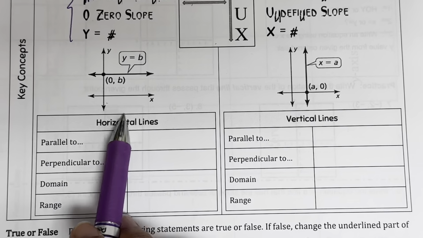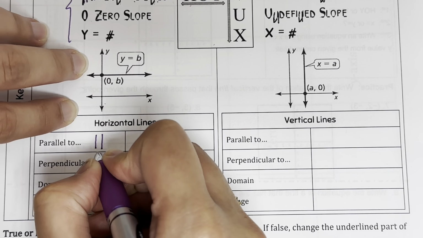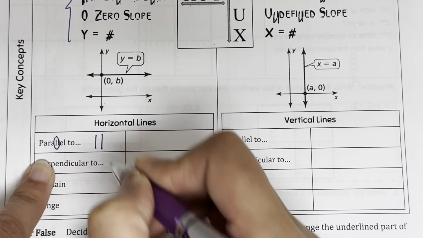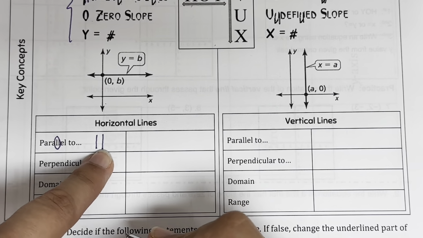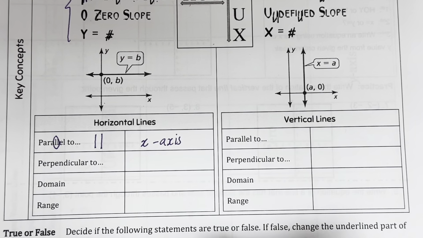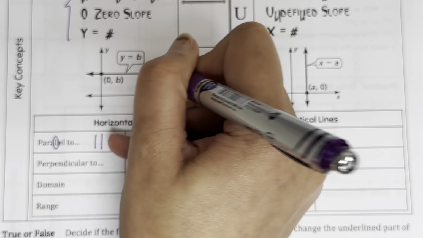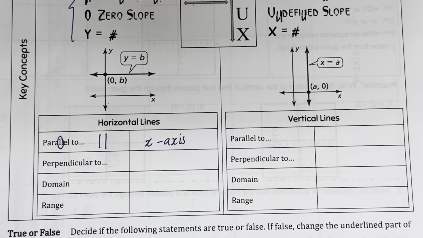So let's write it out over here. Horizontal lines, they are parallel to. Parallel means they are side by side. Double L, okay? Parallel, double L. So this is parallel to the x-axis. So write x-axis over here. Perpendicular to, so this line, by the way, I'm gonna highlight it.